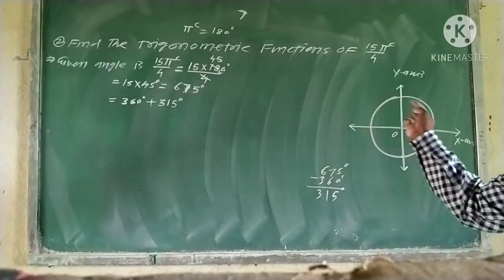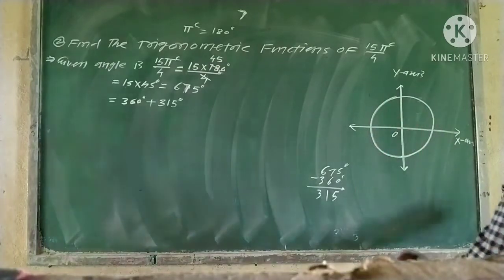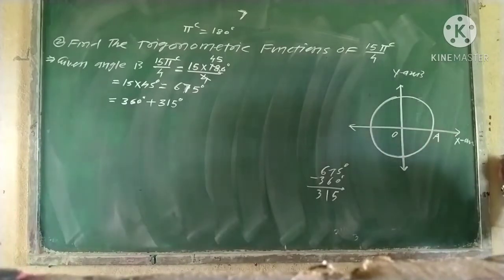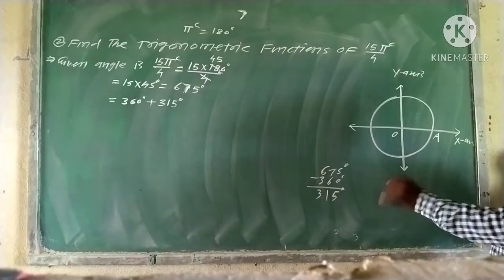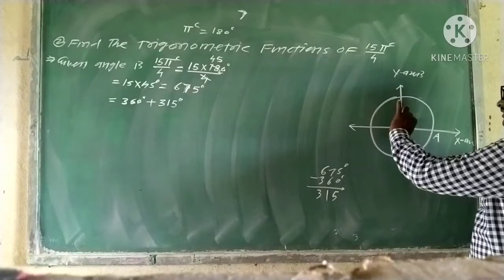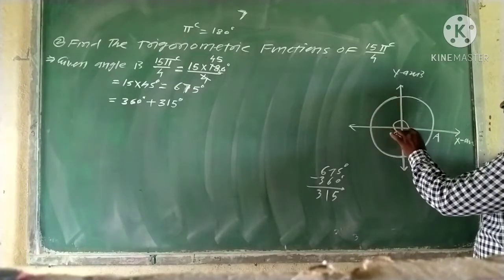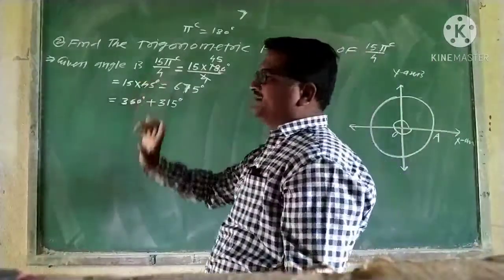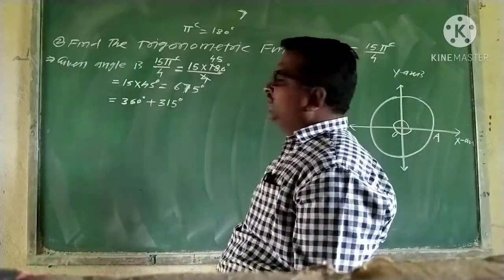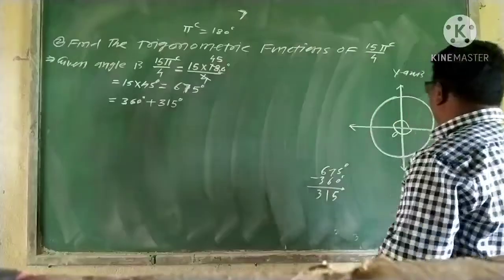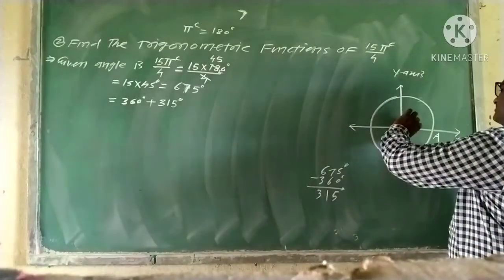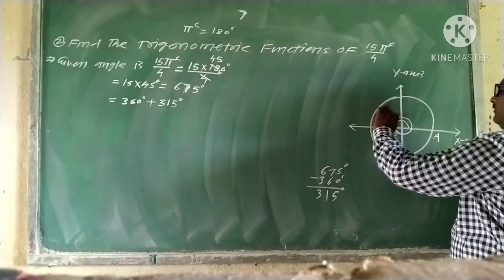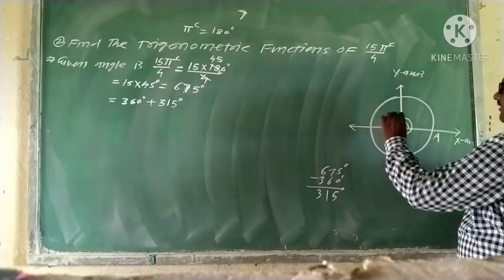To draw this angle on the standard unit circle, let OA be the initial ray, and the terminal ray completes one rotation and reaches this point. The angle made is 360 degrees. Then it moves further, making another angle.